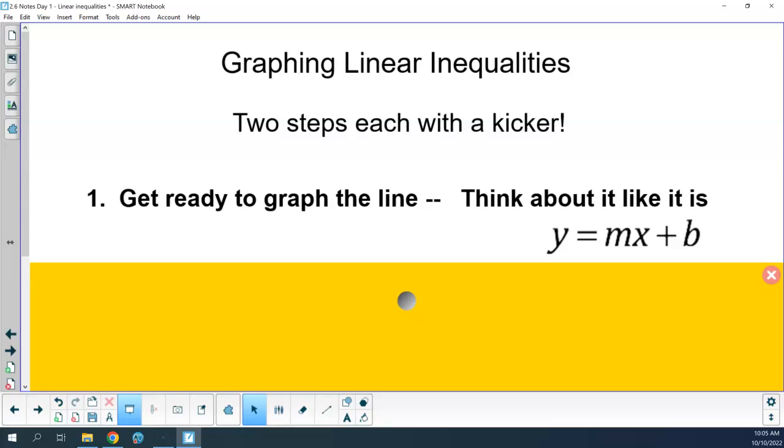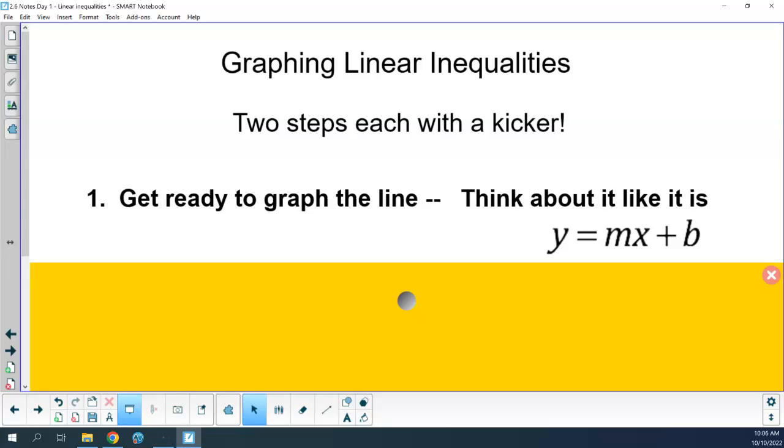So it might be 7x plus 4y is greater than or equal to 14. How you treat that is you think of it as it was last week when we were graphing lines. And remember from last week, we've got 3 different ways to graph a line. You could get it y equals mx plus b, plot your y-intercept, and use your slope as rise over run to find a couple more points, draw in your nice straight line.